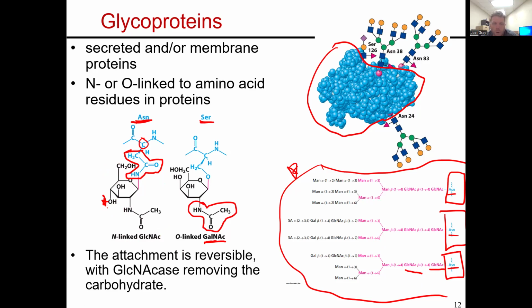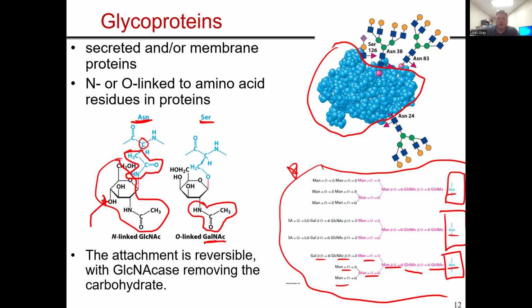That is going to be an O-glycosidic linkage where we're adding another one of these whole things, but it's going to be added right here. What I want you to take away from this is that this is basically a network that we can make of sugars off of a single asparagine or a serine.